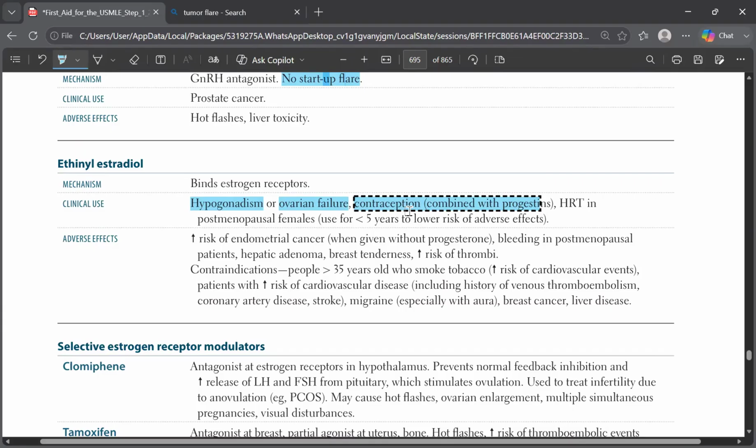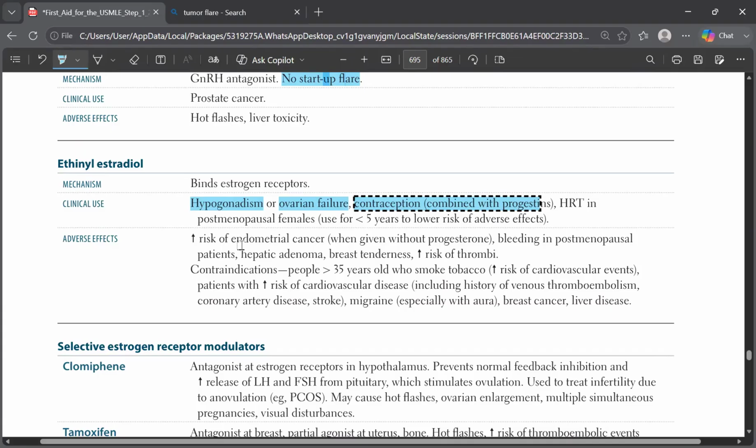So it is used for contraception and hormone replacement therapy in postmenopausal females because they have a decrease in estrogen, and it is used for less than 5 years because unopposed estrogen can cause endometrial hyperplasia and other conditions related to the uterus. So it is used for hypogonadism or ovarian failure, and contraception with progestins, and HRT in postmenopausal females.